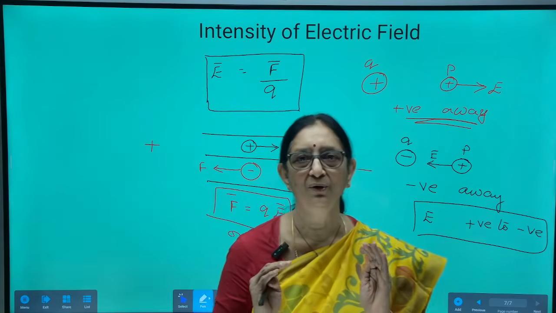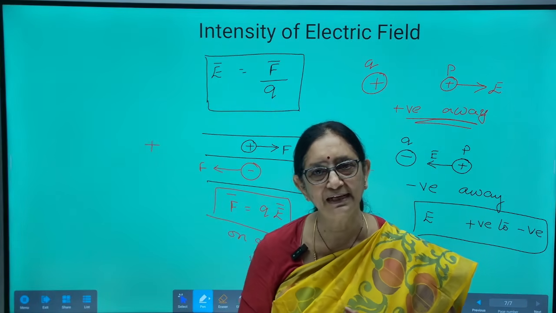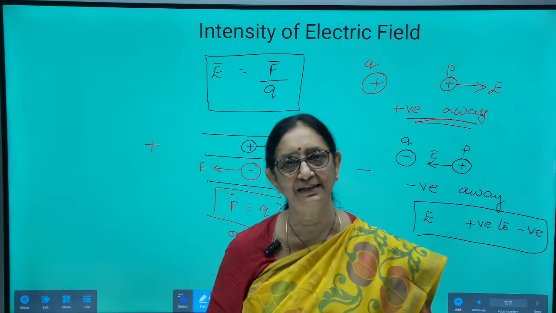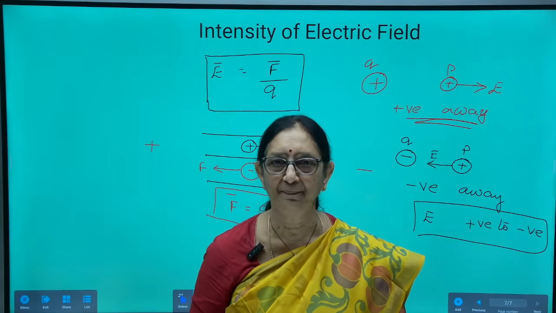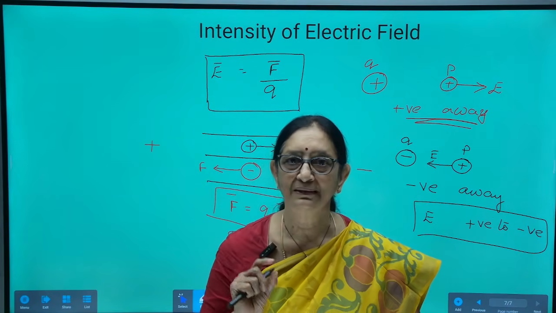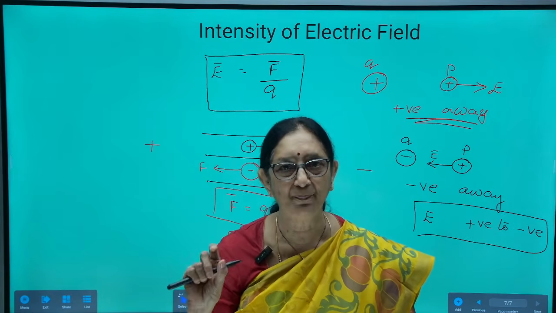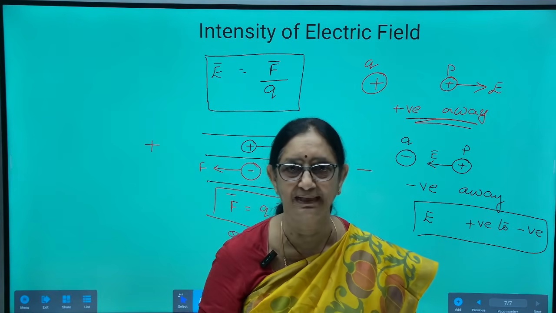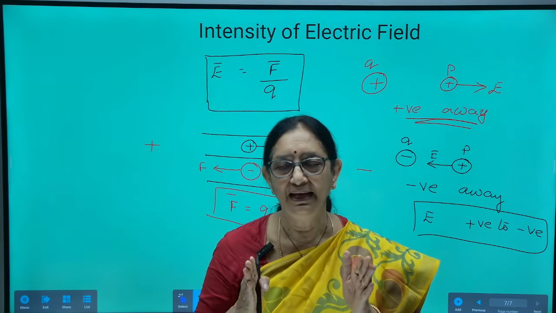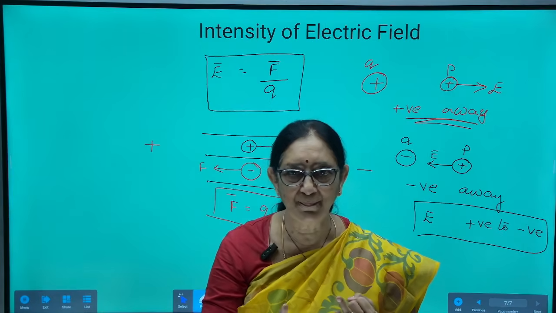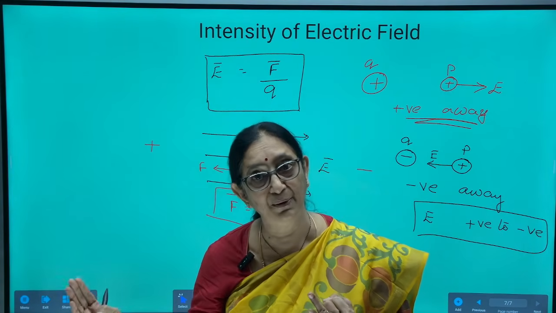I am telling you once again, electric field intensity at any point in an electric field is defined as the force experienced by a unit positive charge placed at that point. Electric field intensity is a vector. Due to a positive charge, it is away from it.